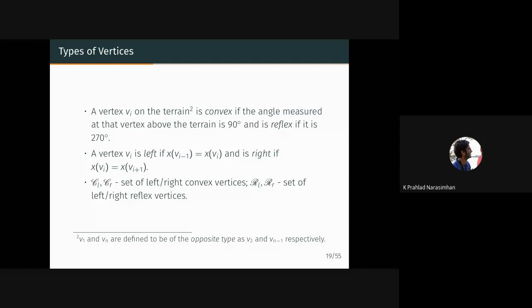So we use script C to denote the set of convex vertices, script R to denote the set of reflex vertices, CL and CR to denote left convex and right convex vertices, and RL and RR to denote the set of left and right reflex vertices.